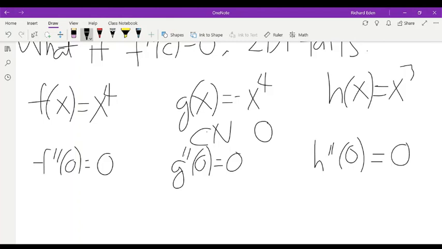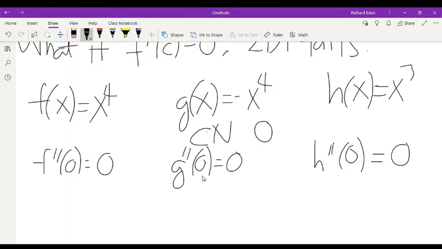And I invite you to explore that. I have a limit on the number of minutes for my YouTube video, so I won't go into detail. So these are three functions where the second derivative test fails.